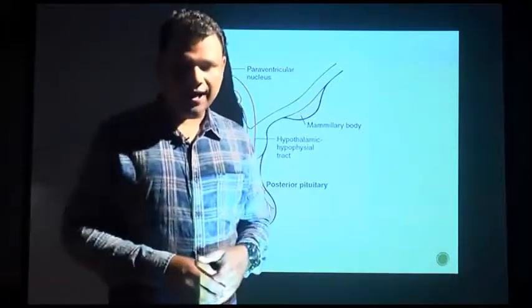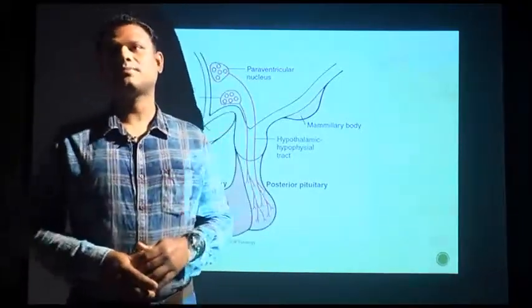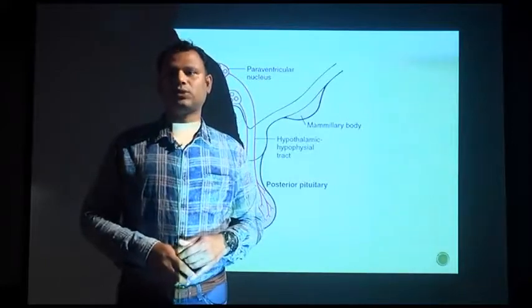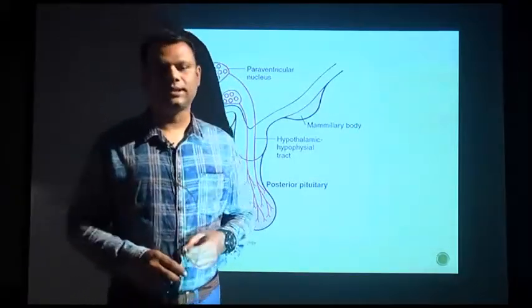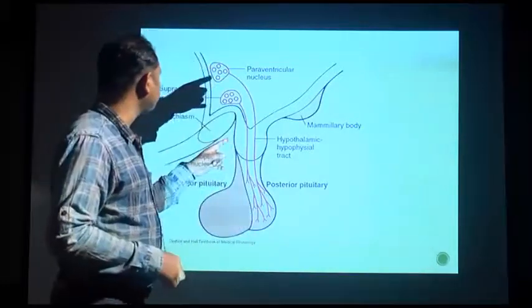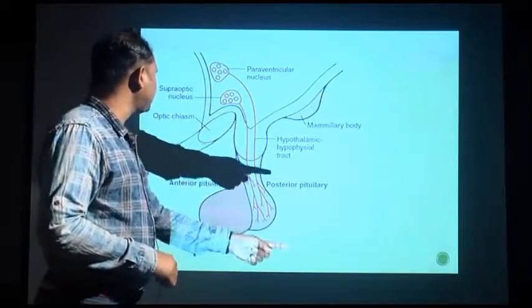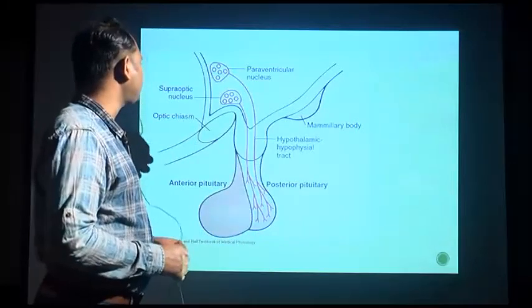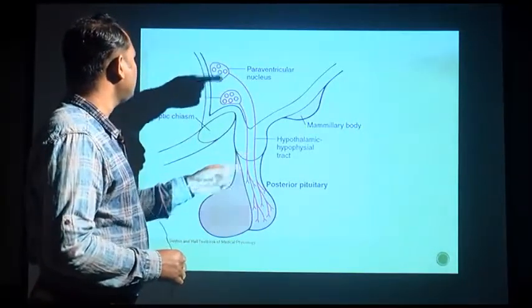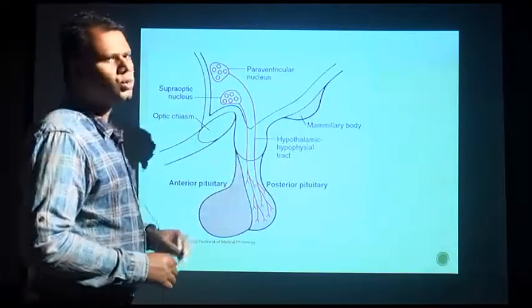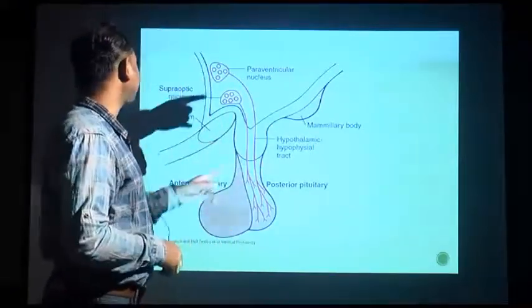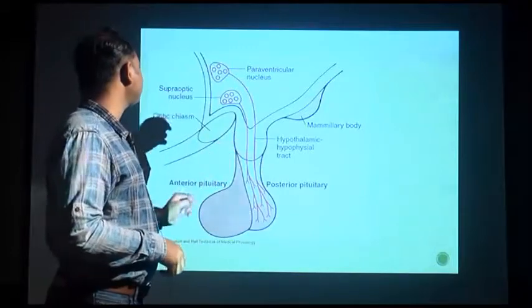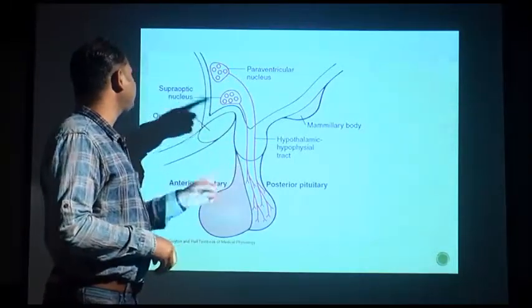So, we have studied the associated disorders related to anterior pituitary. So, let us see what happens in case some hormonal disorder is associated with posterior pituitary or not. We have to see that. So, you all know from this diagram that the secretion of posterior pituitary depends on 2 cellular portions or 2 nuclear portions, that is paraventricular nucleus and supraoptic nucleus.